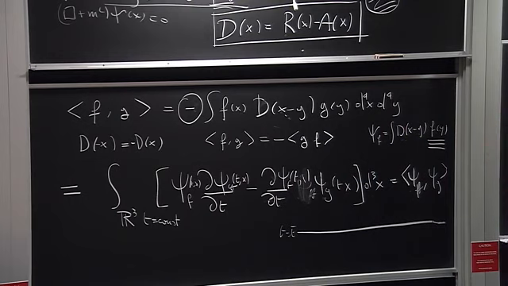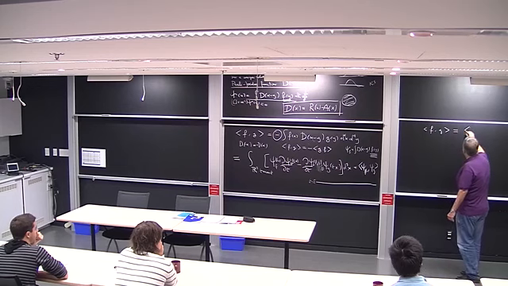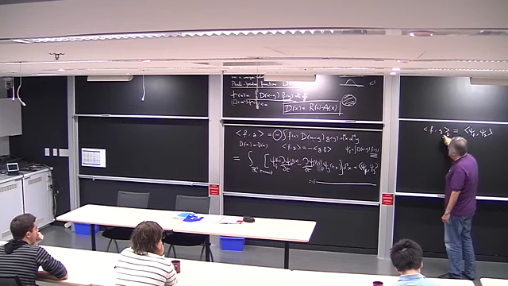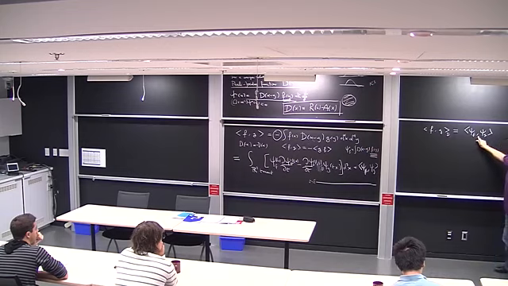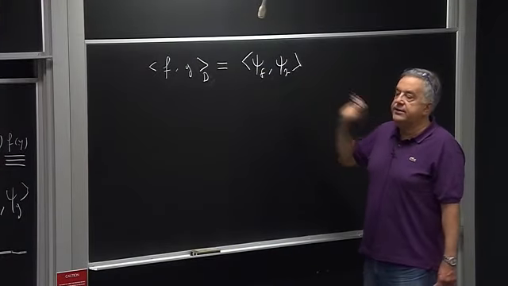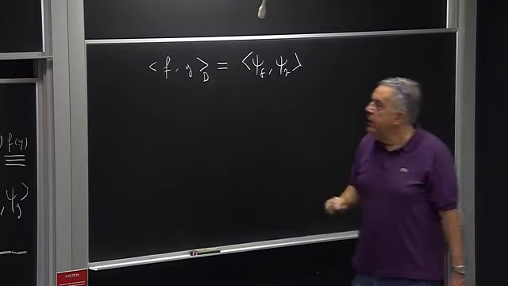The second thing is that we got this identity, F,g, I use the same symbol, equal psi f, psi g. But you understand that this is this convolution, and this is the standard Klein-Gordon inner product on the space of solutions, in this case, real solutions of the Klein-Gordon equation.